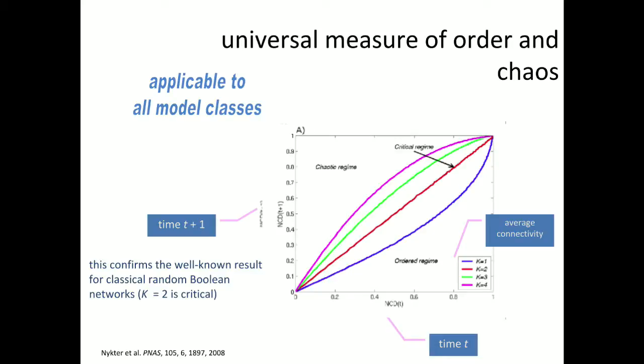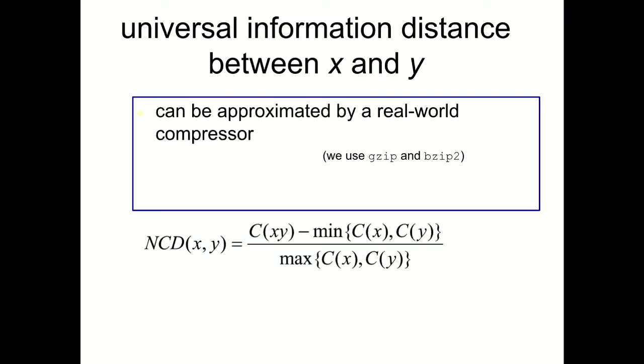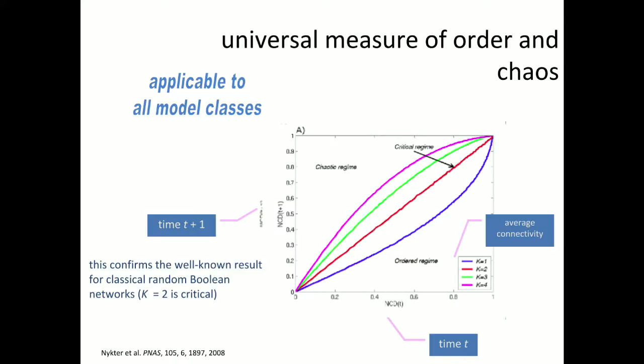So using this kind of distance, we can look at dynamical systems. Imagine now that x and y are states of a dynamical system. Now I can represent the informational distance between two states, and I can ask what happens to their successor states, just like a Lyapunov exponent. I can use this information distance as a tool. Well, here's one curve for Boolean networks.